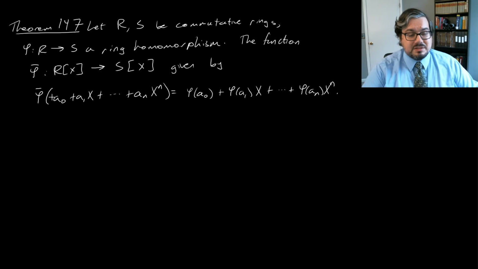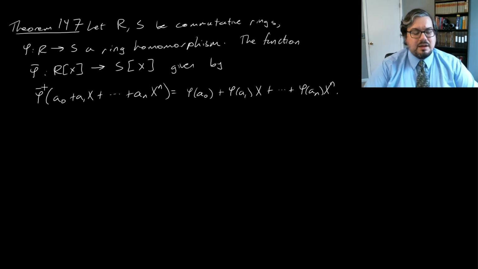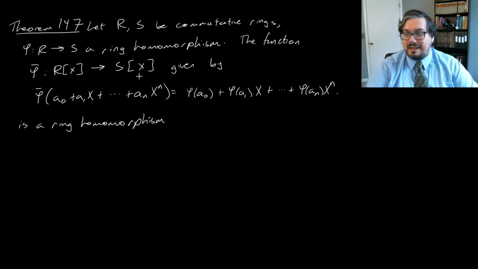But we can do that process with any ring homomorphism. Okay, so finishing the sentence, the function phi bar defined this way is a ring homomorphism between the polynomial rings R adjoin x and S adjoin x.